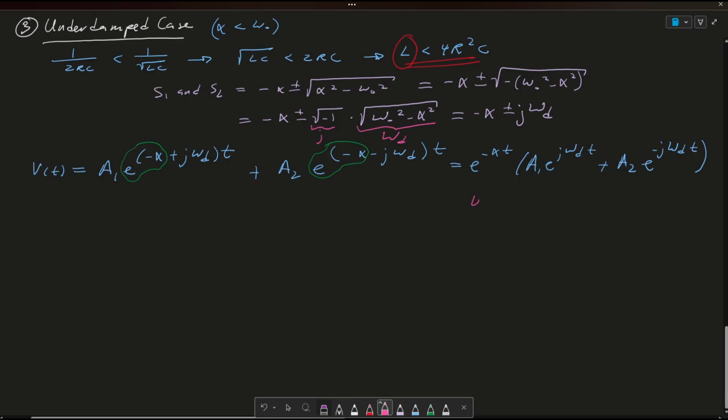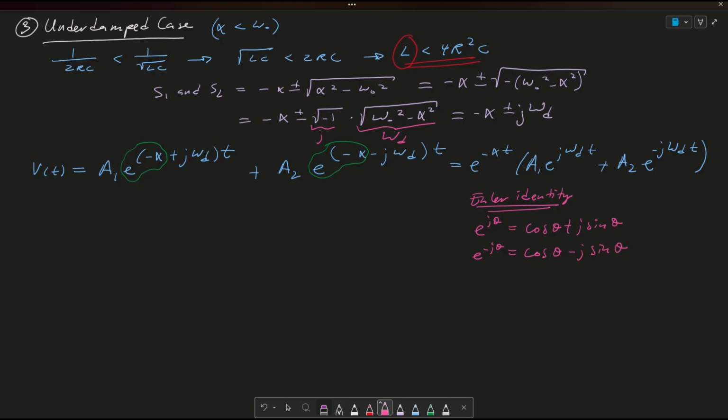If we go ahead and recall Euler's identity, which says that if I have an e to the j theta, this is going to be equated to cosine theta plus j sine theta. And if I have an e to the minus j theta, this is equated to cosine theta minus j sine theta. Let me go ahead and use this identity in this term and this term here.